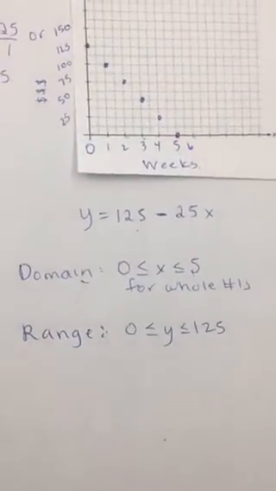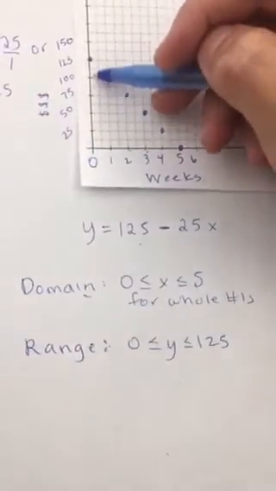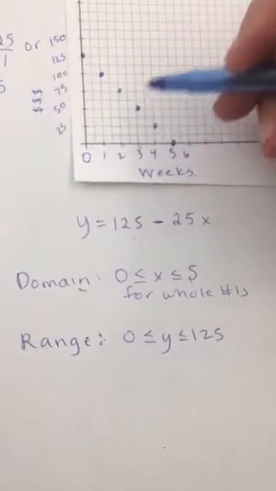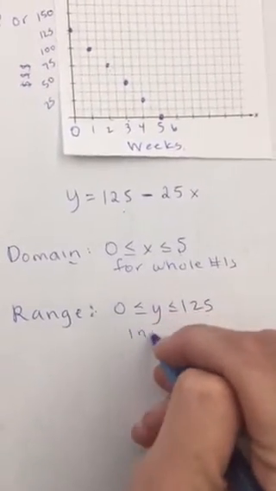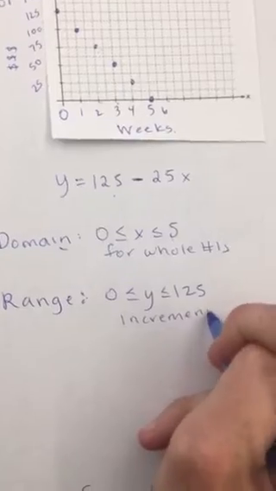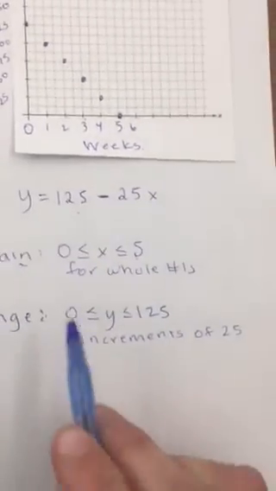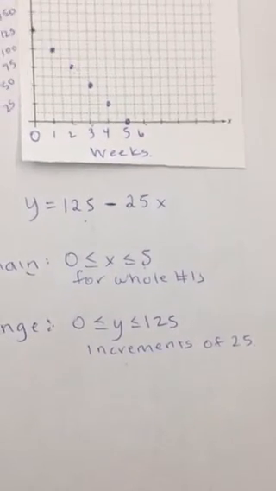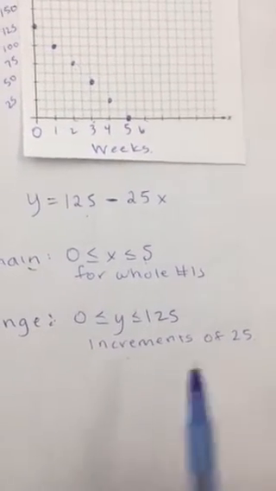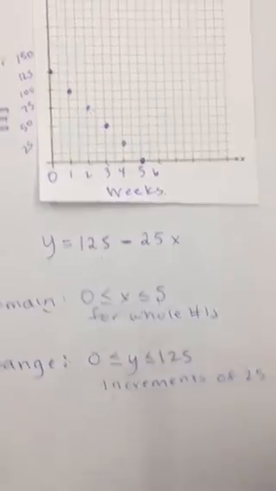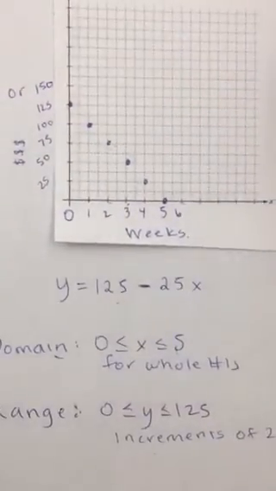The key part here is that he seems to be spending at a rate of $25 per week, so we have to state increments of 25. Otherwise, we're including too much data. He is only looking at increments of 25, so that's why we have to include that. It's none of the values between.